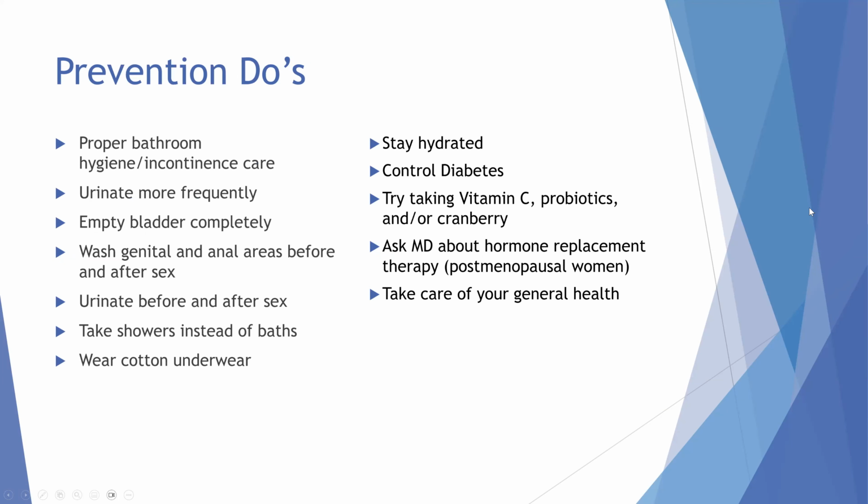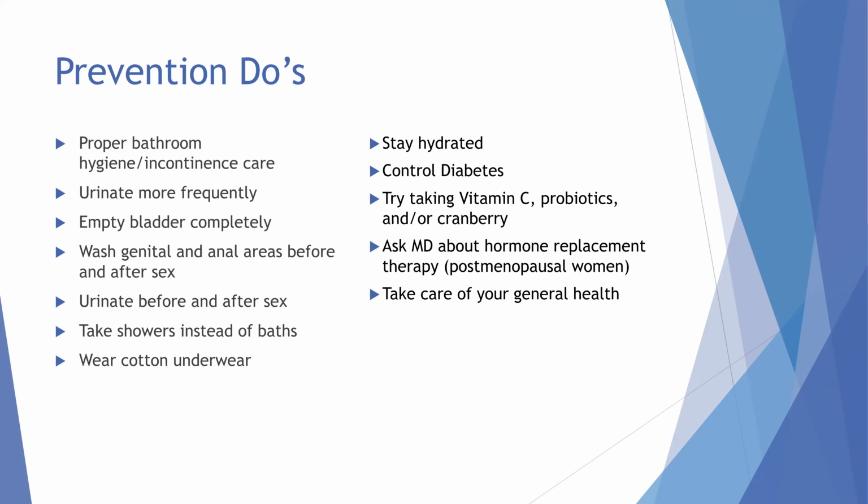So let's talk a little bit about prevention. There are a lot of prevention do's, things that will hopefully keep UTIs at bay. The first one on the list is proper bathroom hygiene and incontinence care. We're going to talk more about those in just a minute. Having the client urinate more frequently, every hour or so, maybe reminding them to go use the bathroom, and also to not be in a hurry.